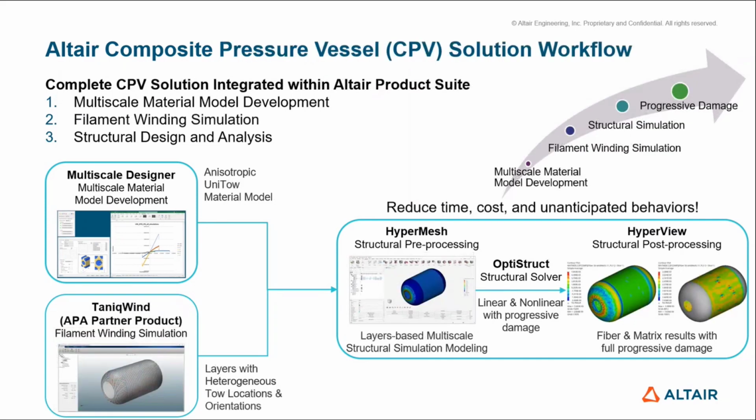Now, in comparison to this one, the next workflow, just as an overview, because it has been a rather recent addition that you might not be aware of, is the new CPP solution, in which we also combine Multiscale Designer, but this time with a partner product, in this case Anaconda, which provides all the structural information in a specific format to us that will lead to higher fidelity models than what has traditionally been possible on the winding simulations.